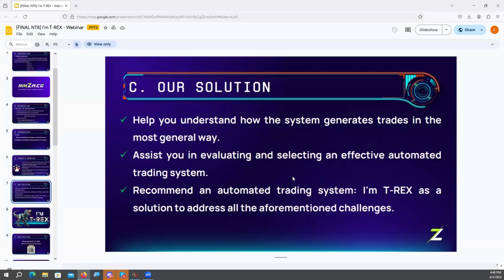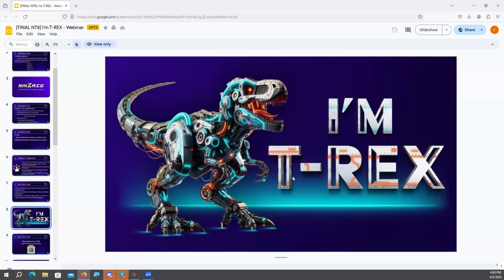So it created a system, and it called it IMTRX, because it's a creative name, that looked to address a specific need in trading. So what is this specific need?